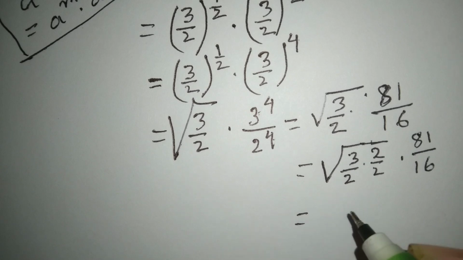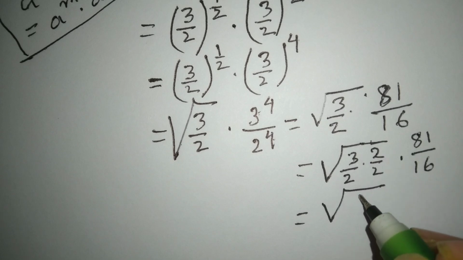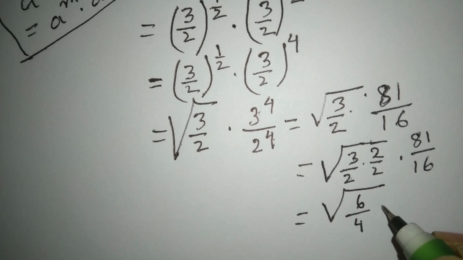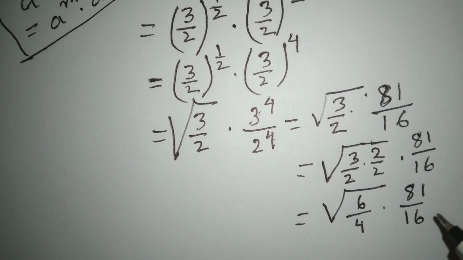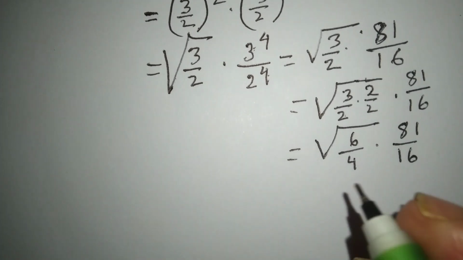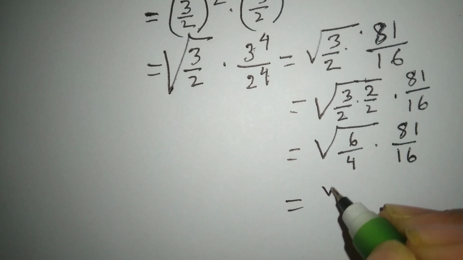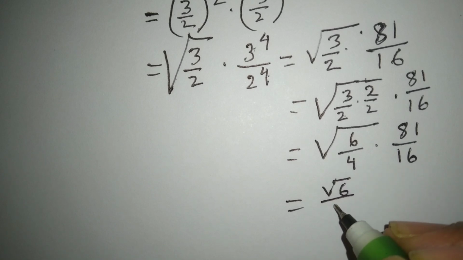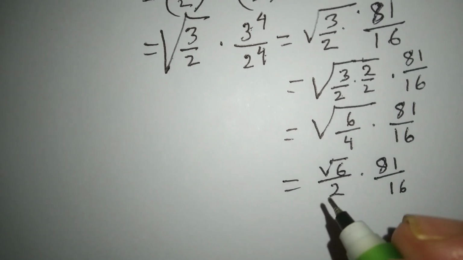This is equal to, here 3 times 2 is equal to 6 over 2 times 2 is equal to 4, times 81 over 16. Here square root of 6 over square root of 4, which is 2, times 81 over 16.